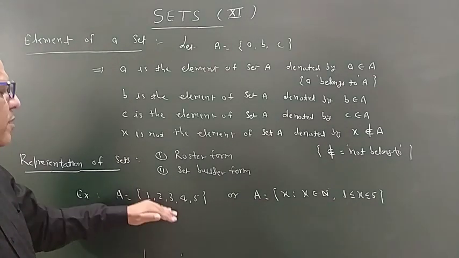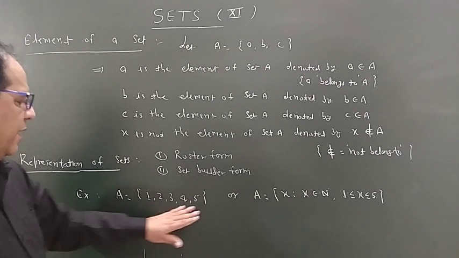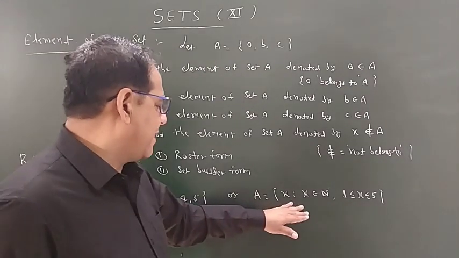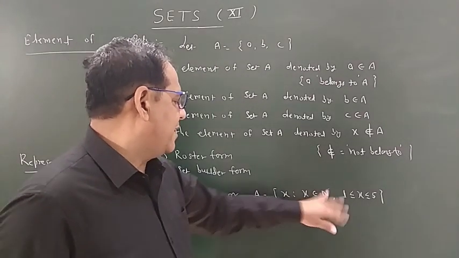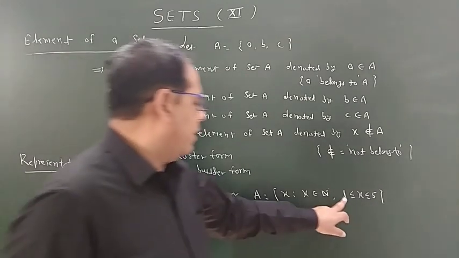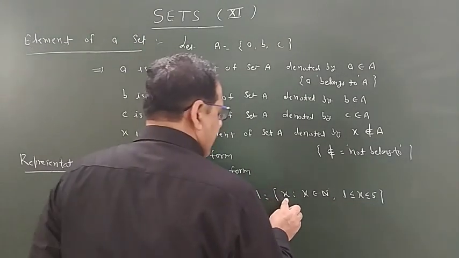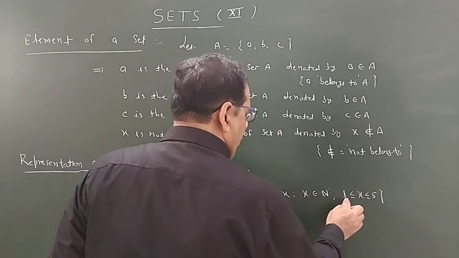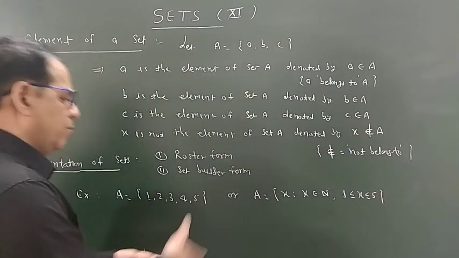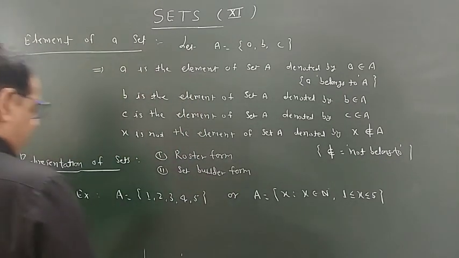This is the tabular or roster form. Now this can be written as x, where x is a natural number, clearly 1 less than or equal to x less than or equal to 5. That means x has values from 1 to 5. This way of writing is called the set builder form.